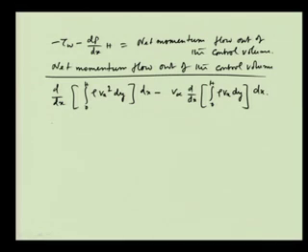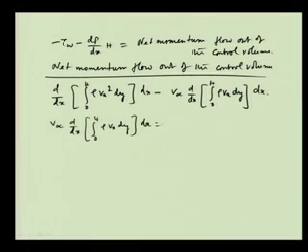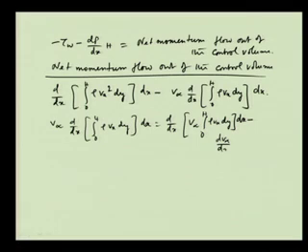Now, this v infinity into d/dx of the integral of rho v_x dy, into dx, can be written as d/dx of v infinity times the integral from 0 to h of rho v_x dy, into dx, minus dv infinity/dx times the integral from 0 to h of rho v_x dy, into dx.